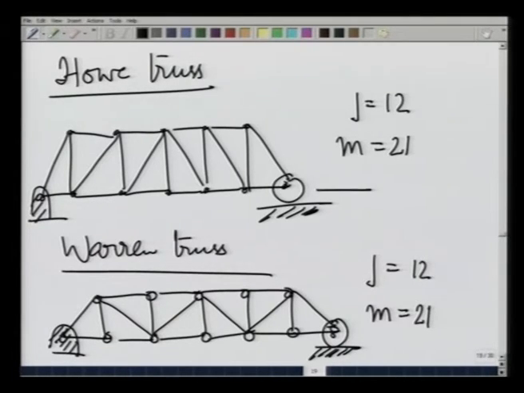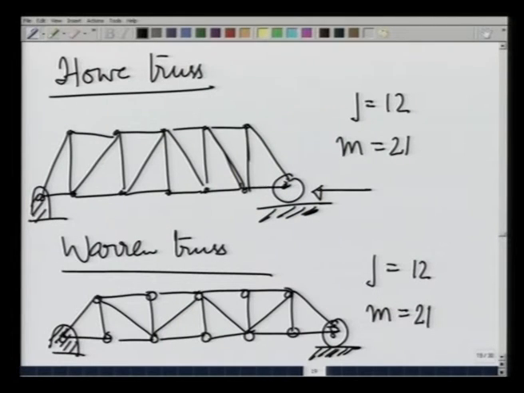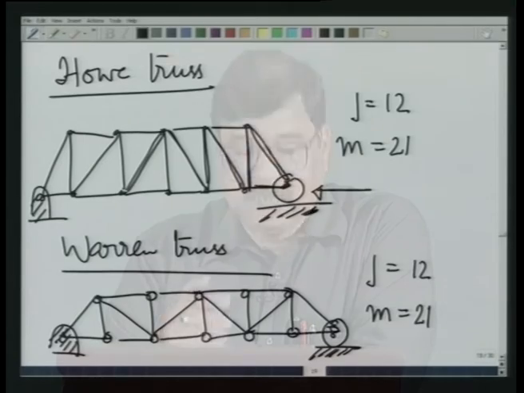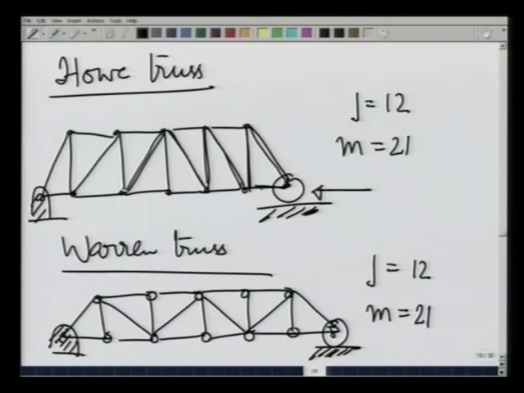Why we put a wheel here or a roller here is because what we have assumed in all this is that these members are rigid members. However, in reality they deform, and when they deform the distances may change, and to accommodate for that you put a roller here rather than putting it on a fixed pin joint, so that the stresses are not developed in these members.